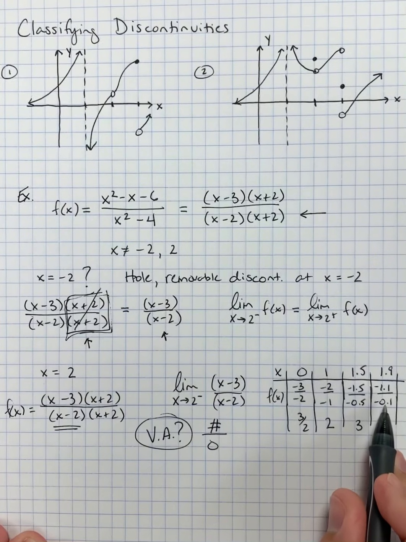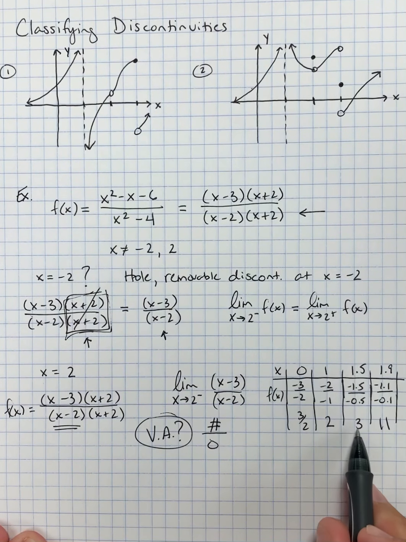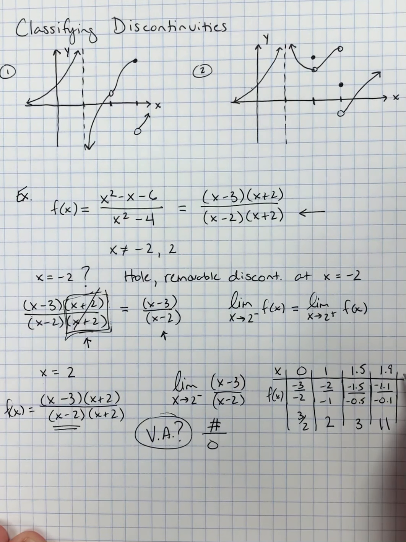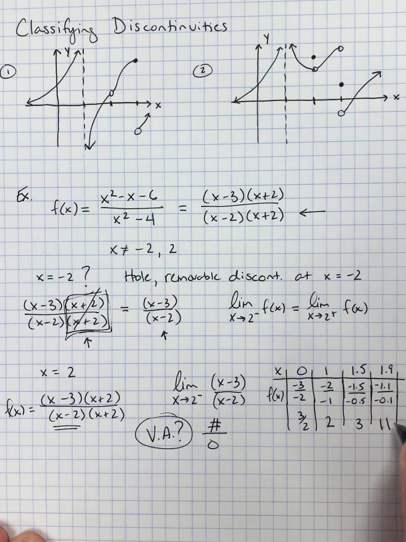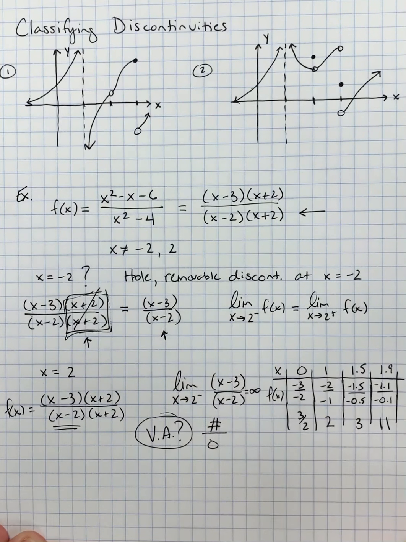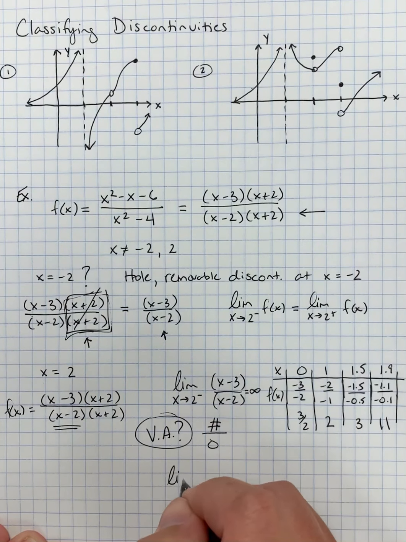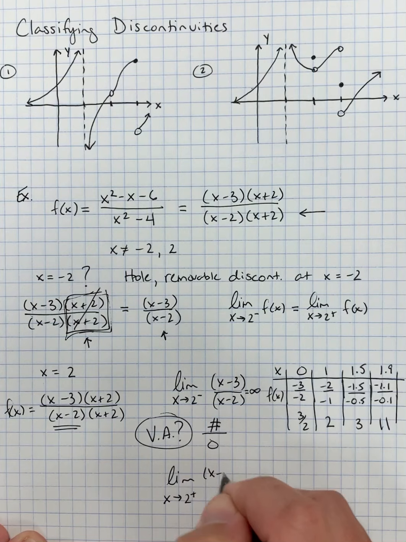Well, when I get closer to 2 from the left, I end up with values that are positive and more positive and more positive. I bet if I put 1.99 in here, I would get something that's really positive based on what's happening in this pattern. So I'm thinking that this limit equals infinity. Well, what about the limit as x approaches 2 from the right of this same function?